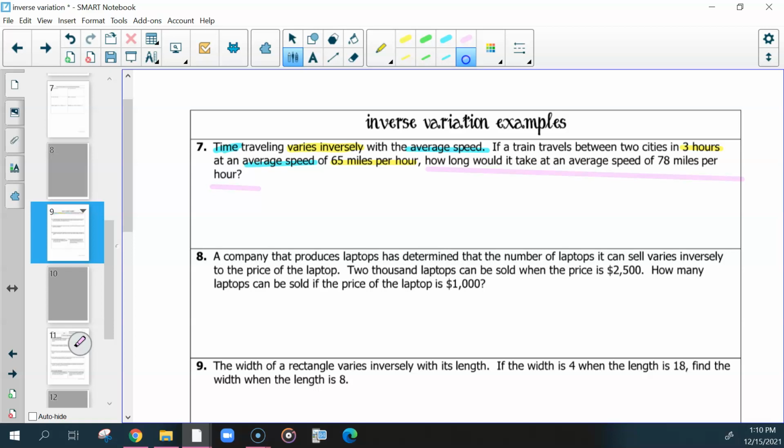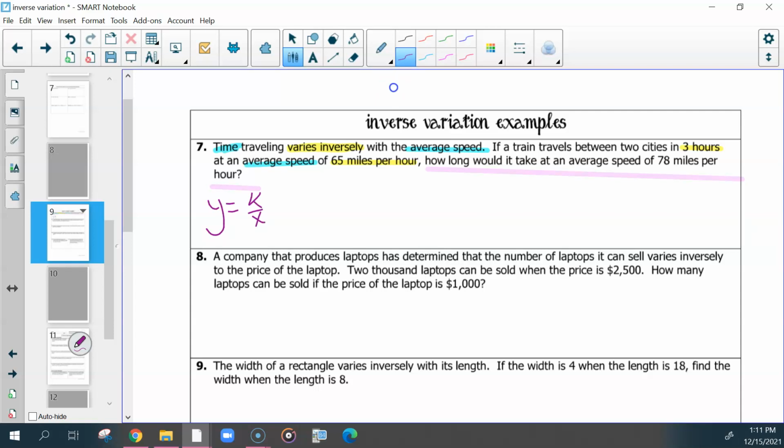So first, we're going to solve a couple of these, like we're using the equations, finding the k, and going through that process. So with these, time traveling varies inversely. Anytime we set this up, immediately be thinking y equals k over x.